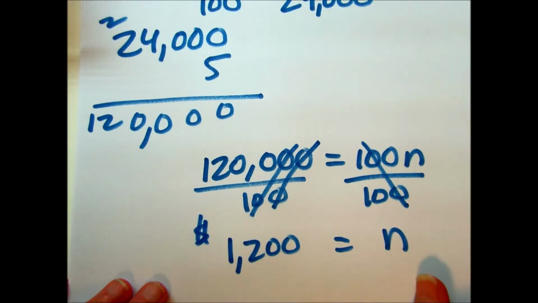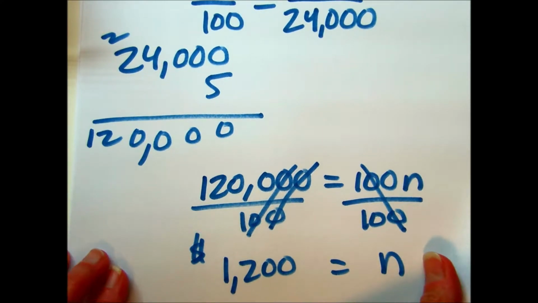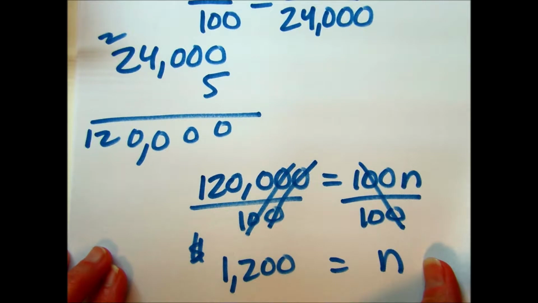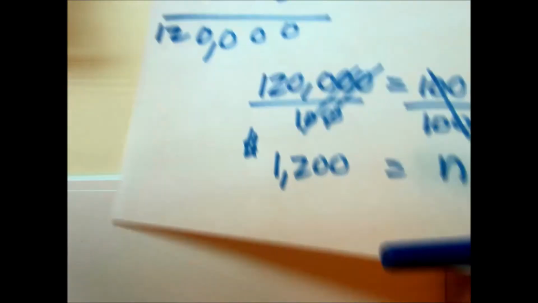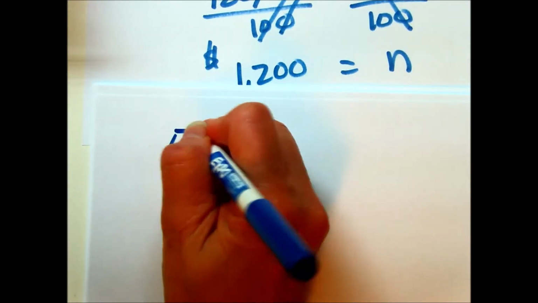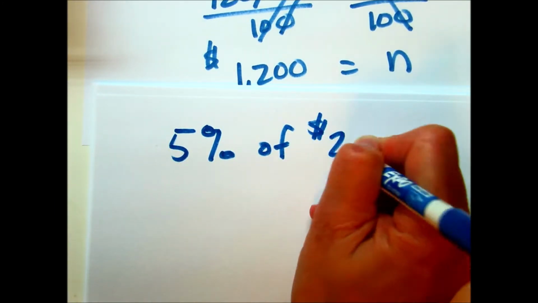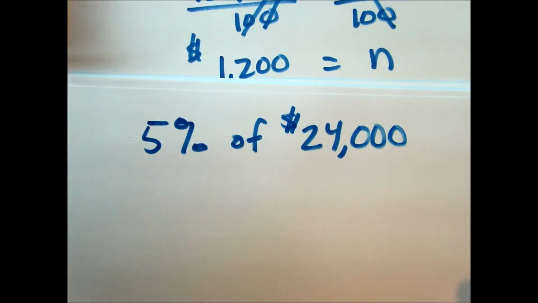Now, I think in the problems that I'm showing you today, setting it up as proportionate ratios is really the long way. So let me show you the shortcut way to doing this, and we'll get the same answer. So again, I'm going to rewrite. We've got 5% of 24,000, and we're just going to translate.